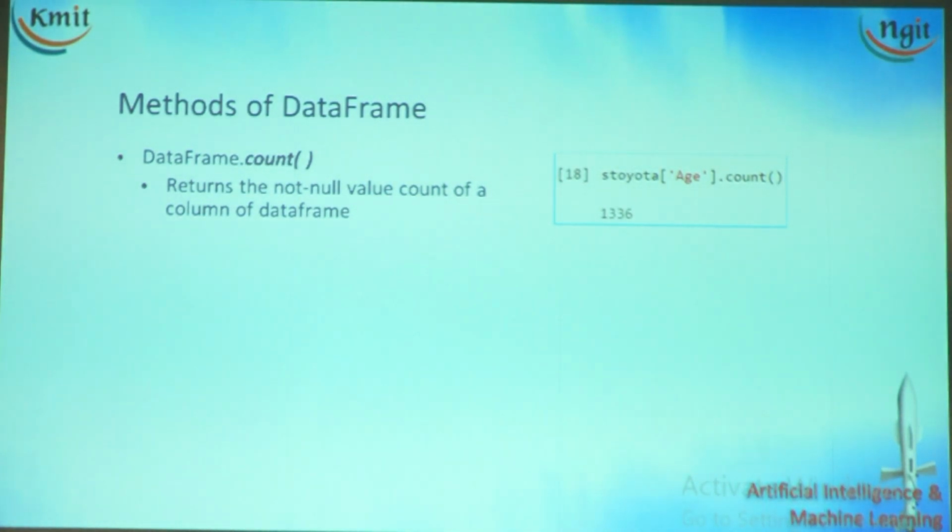See how many values you are getting. Tell me. 1336. What is the size of your data set? How many rows? 1436. How many count is age showing? So 100 missing values are there in the age column.